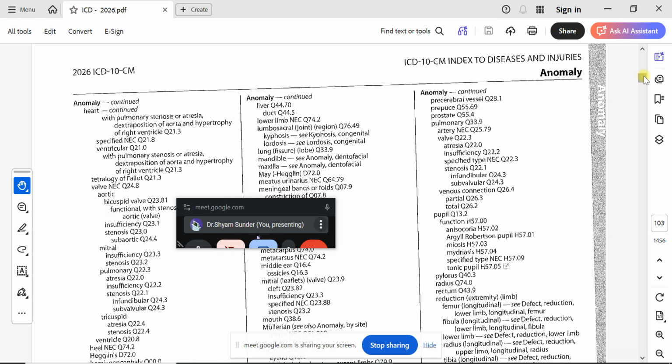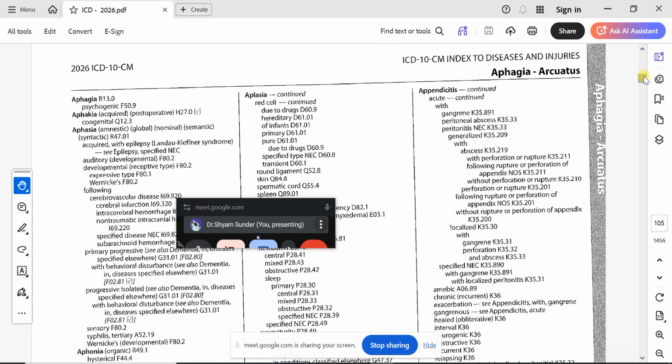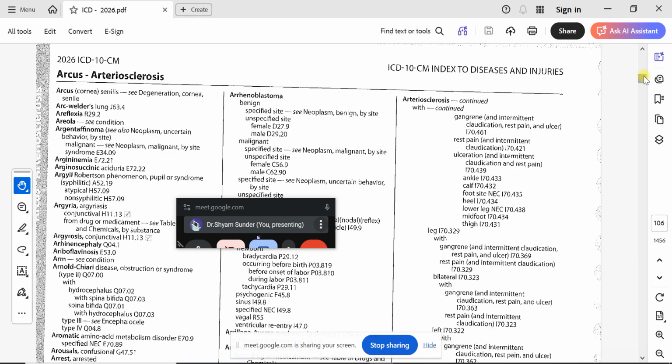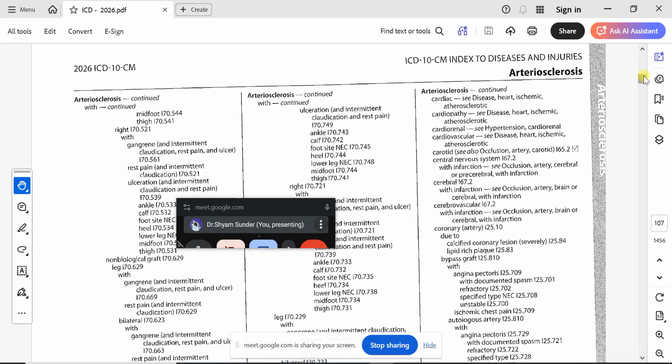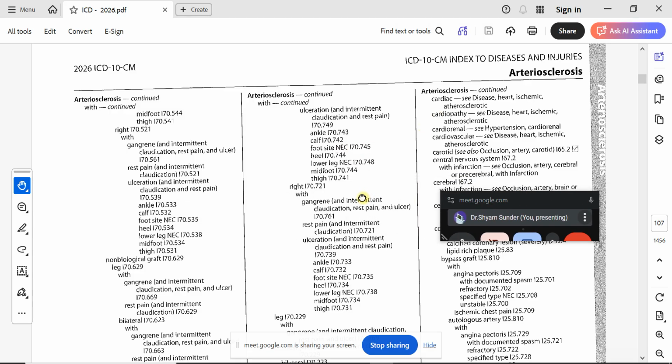What happens in atherosclerosis? Wherever there is atherosclerosis within the arteries, the blood flow will slow down. So we are directly going to arteriosclerosis, because if you go to atherosclerosis, it will tell you to go to arteriosclerosis.